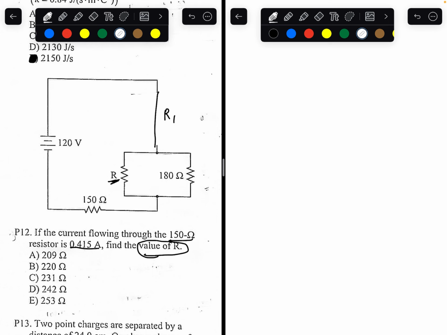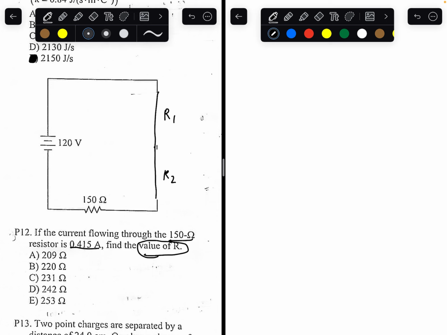If we combine the bottom resistors, as both of them are in parallel, we would get R2. By combining, I mean using the parallel resistance formula, 1 over RT equals 1 over R1 plus 1 over R2.